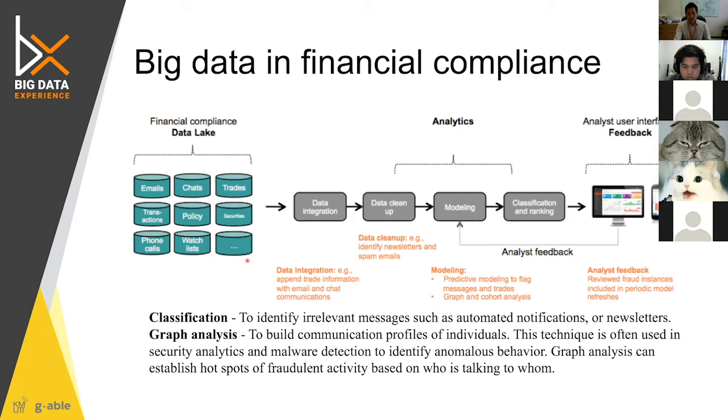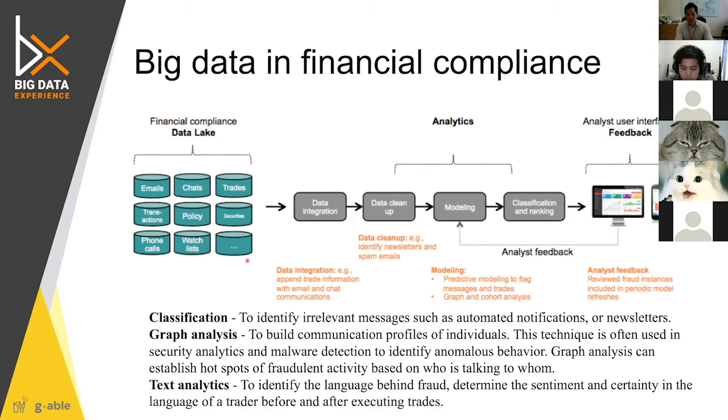For example, if this email is sent out, who received it, do they forward it further, and do the actions of those individuals hint that the fraud occurred? So graph analysis would allow you to identify that. And then the text analytics, where the regulator might want to understand what is behind those texts, maybe the sentiment, whether they are complaints, or whether fraud occurred, by looking at the text content.